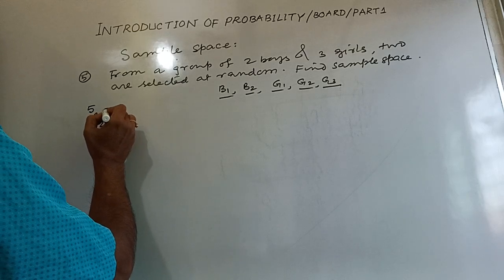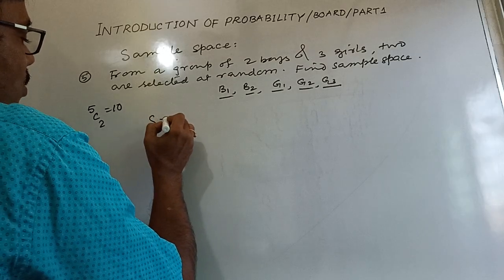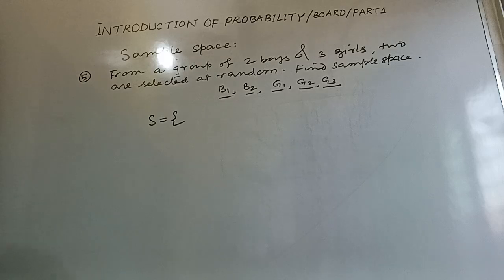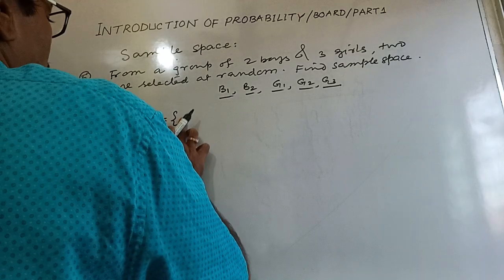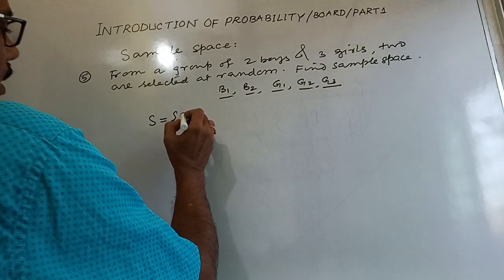So 5C2 is equal to 10. So you are getting 10 sample points.